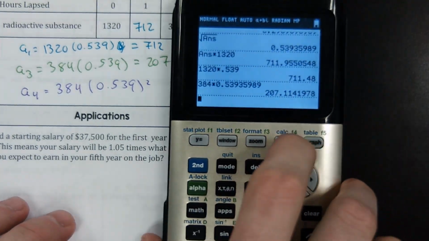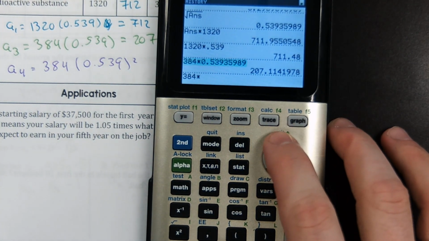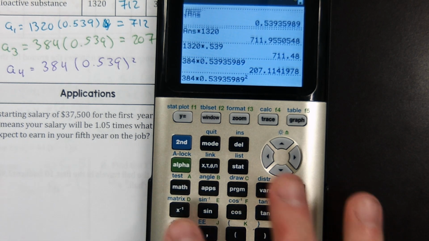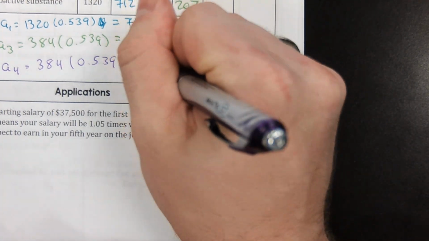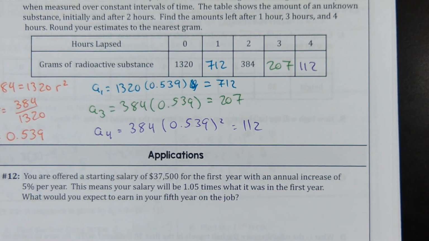So I'm going to do this. 384 times, I'm going to scroll up to the 0.539 thing. Then I'm going to hit the square button and hit enter. And I'm going to get that it's about 112. Ta-da. Working smarter, not harder. Trying to use the calculator as much as possible when I'm doing a calculator question. Cool?